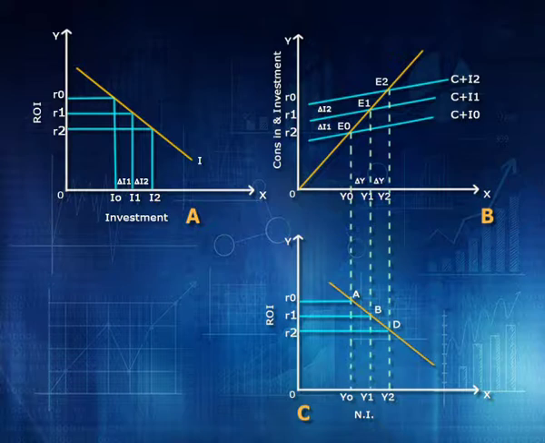In part C of the figure, it is observed that Y0 national income is connected with R0 rate of interest, which is represented by point A.